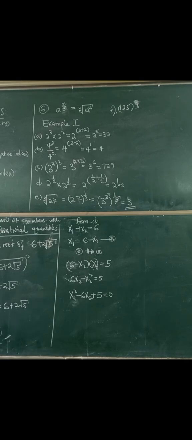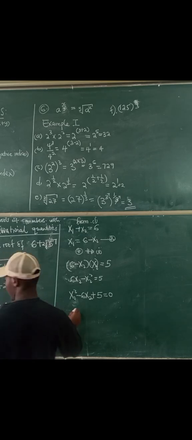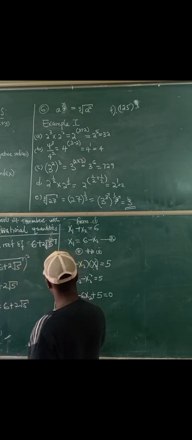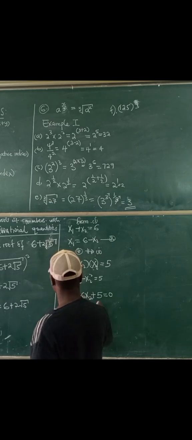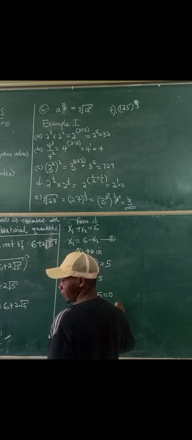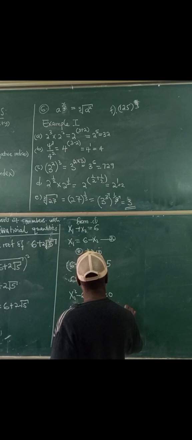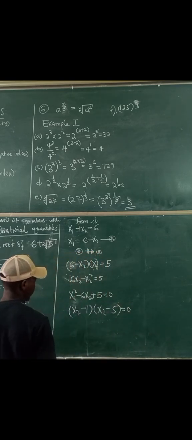So we solve for that. If you solve, you are getting x2 minus 1, x2 minus 5 is equal to 0.